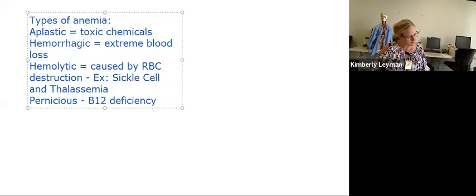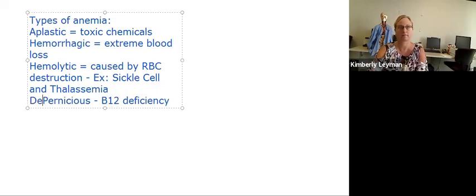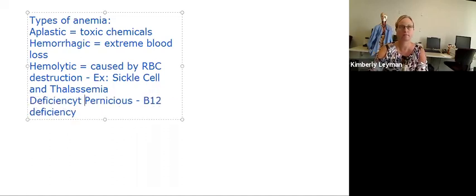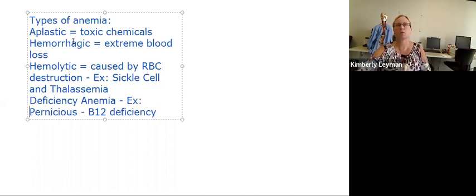There's iron deficiency anemia as well. So those are a category under the deficiency anemias. So I should have actually put that. An example would be pernicious. Okay, so we have aplastic, hemorrhagic, hemolytic, and I gave a couple examples, and deficiency anemia, and an example would be pernicious.